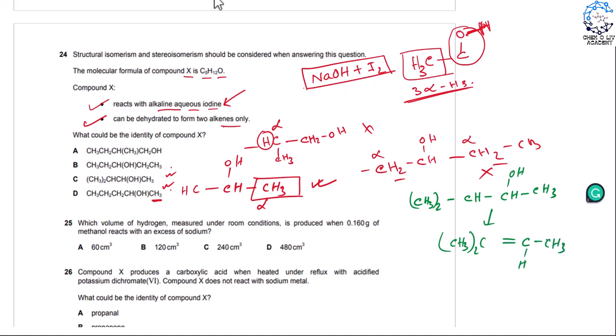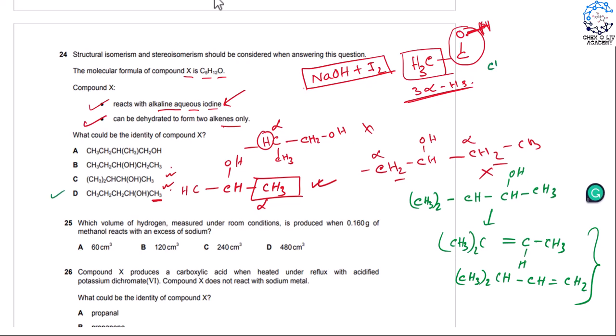This is one alkene, and another alkene will be (CH3)2CH-CH=CH2. So these are the two compounds.